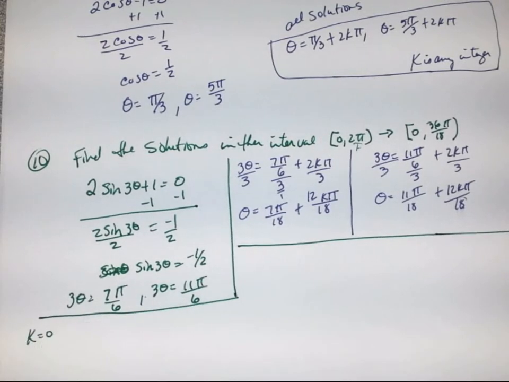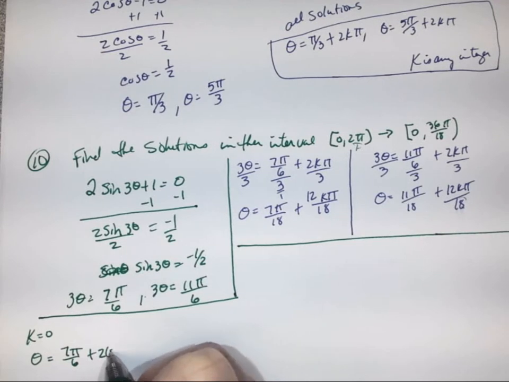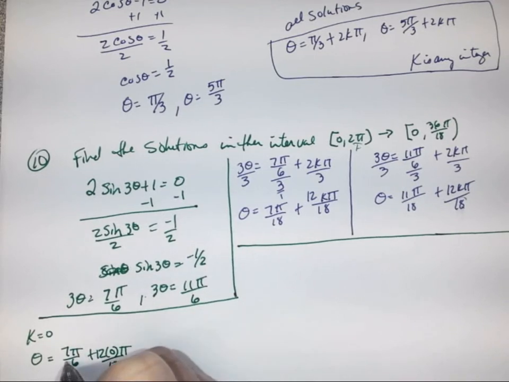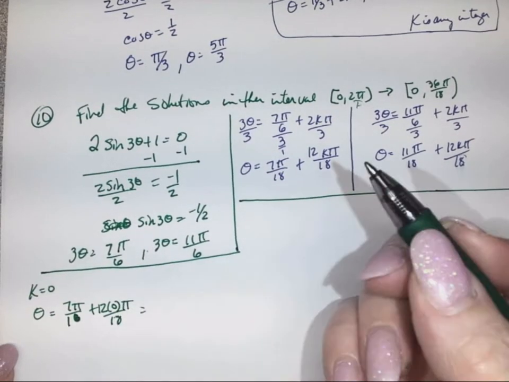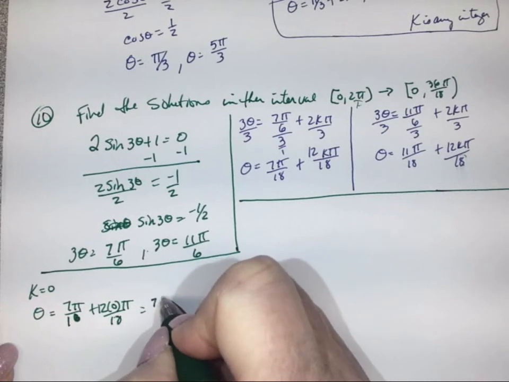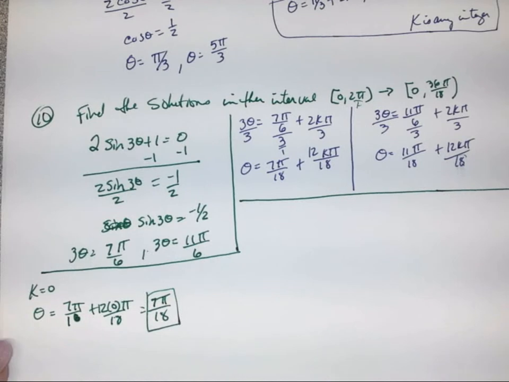So if we do k is equal to 0, we get theta is going to be equal to 7 pi over 18 plus 12 times 0 pi over 18. Sorry, I looked at the wrong spot, so 18 on both denominators. Times 0 will get us 0, so it's going to be 7 pi over 18. So that's our first angle.